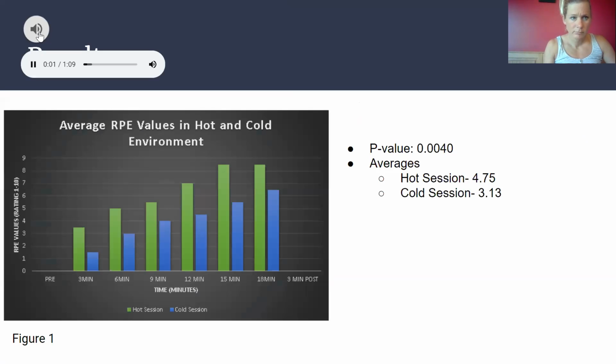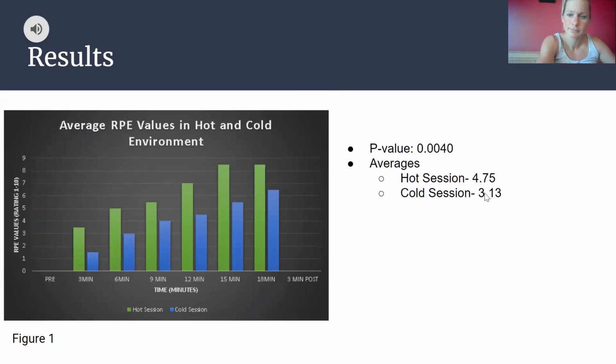Our results showed, according to figure 1, the average of RPE values in hot and cold environments. The graph shows hot sessions in green and cold sessions in blue. As you can see, during the hot sessions the subjects reported on average higher RPE ratings than the cold sessions.